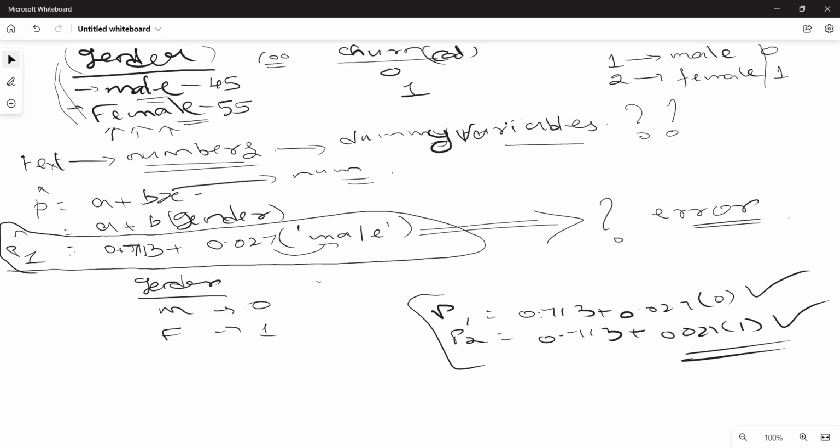Now based on the probabilities, I can set my cutoff and then predict whether P1 is going to have 0 or 1 based on the cutoff, and whether P2 is going to have a 0 or 1 class based on the cutoff. Is this clear to everyone? Yes, sir.